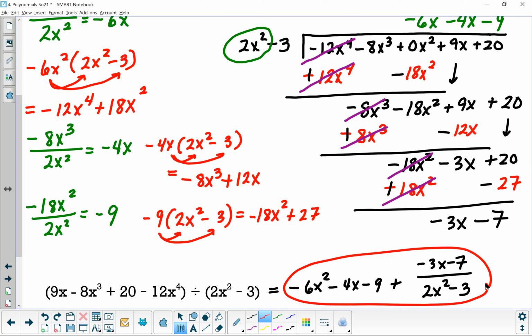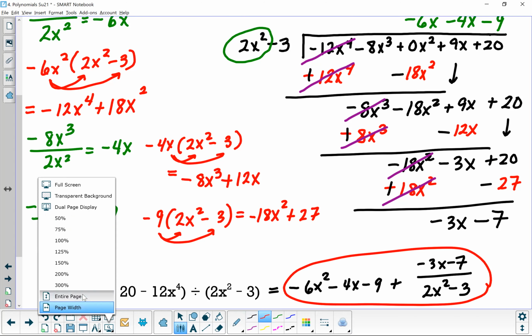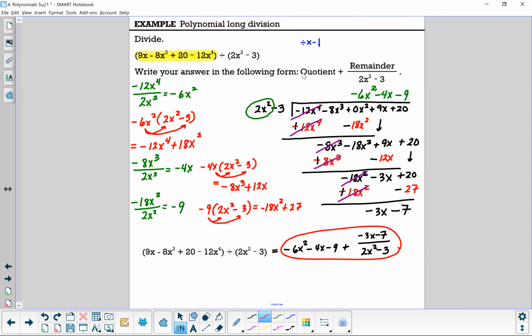Okay, and we wrote it in this form because that is what was asked in the directions. We can see here it says quotient plus the remainder over the divisor.